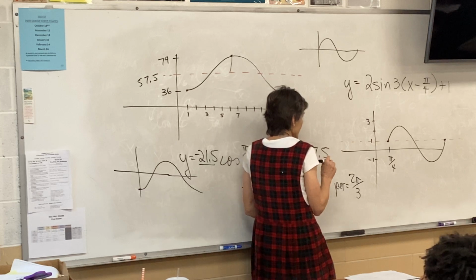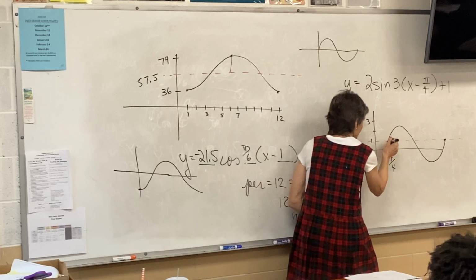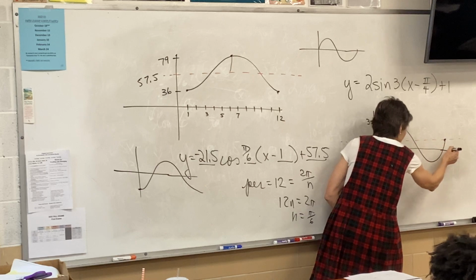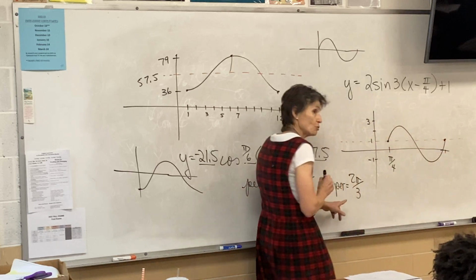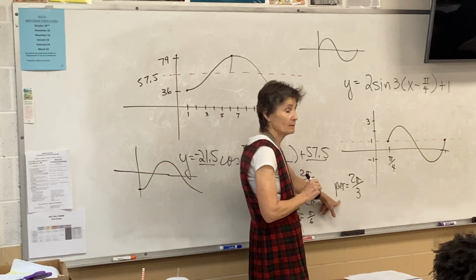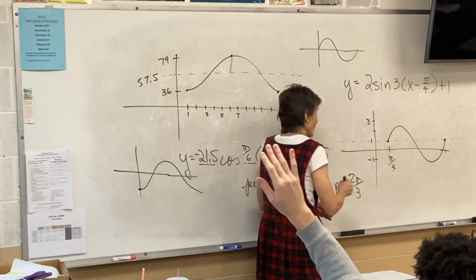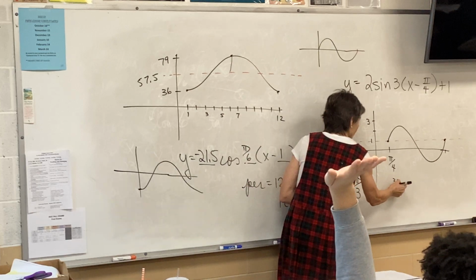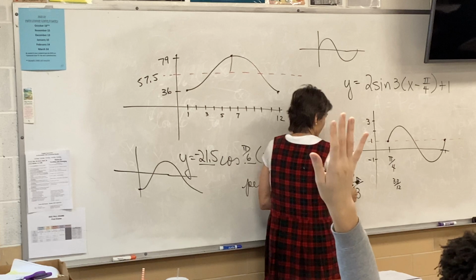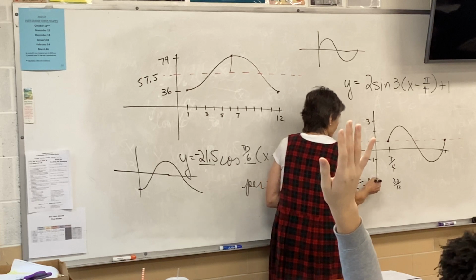Well, that means that the distance from this dot to this dot is 2 pi over 3. I've got some fraction stuff going on. This is 3/12. The period is 8/12.